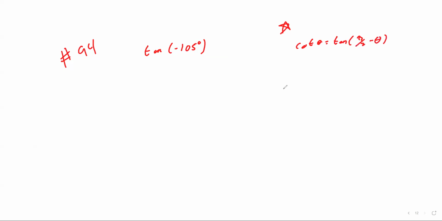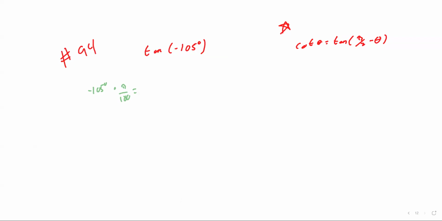So we're going to do the same work here, basically, to get our answer. So again, I have negative 105 degrees. I need to convert that into radians to be able to plug it into this. So that's going to be pi over 180. I like to keep this in terms of pi.